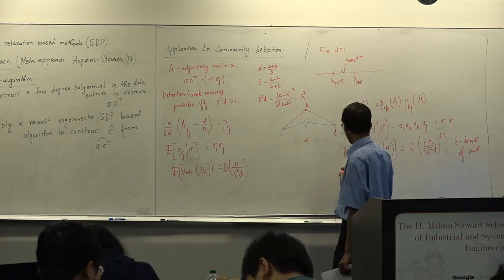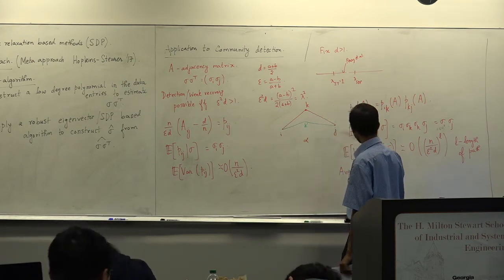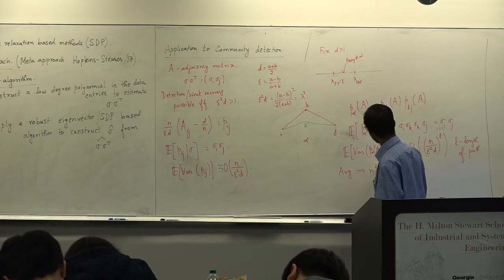So if I average, then I have roughly n to the L minus 1 paths.